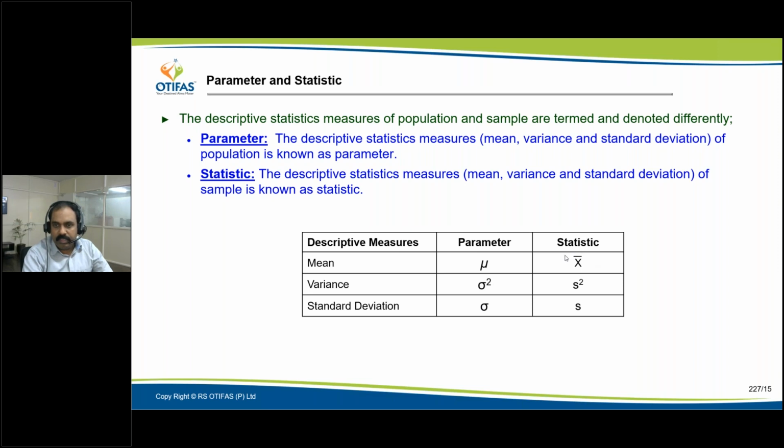For sample descriptive measures, we use x bar, which means the mean of a sample, and x double bar, which means the mean of the sample means. I will come to that later. For variance we use s square, and if you use s anywhere, that means the standard deviation of a sample. Please remember this slide. This is important.